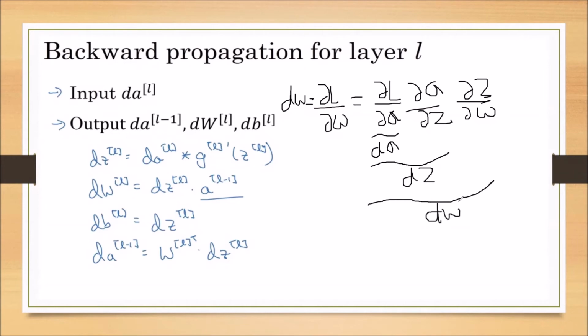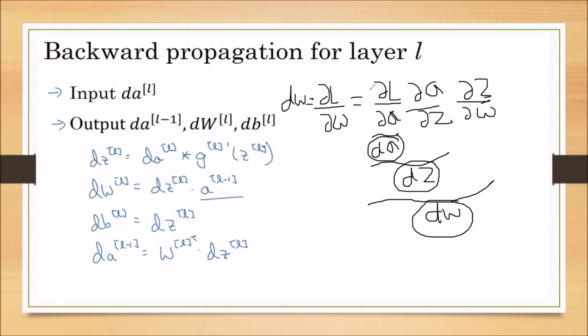So first, to find the dW, we should find the dZ. To find the dZ, we should find the dA. Already we calculated the dA value previously, because already we know A is nothing but the predicted output.